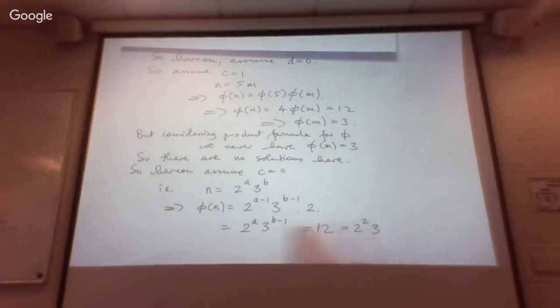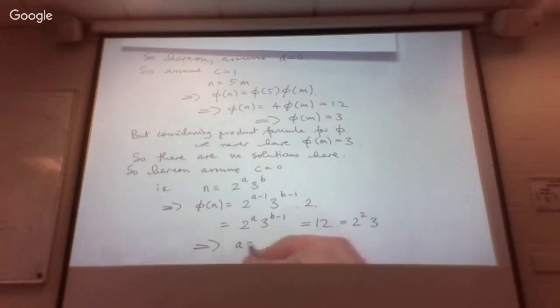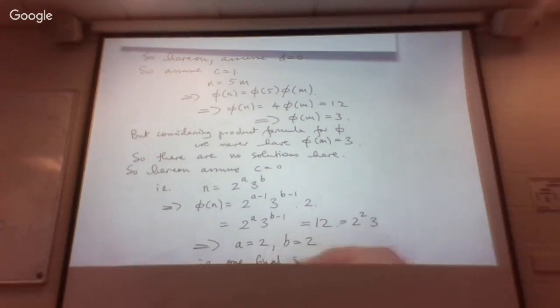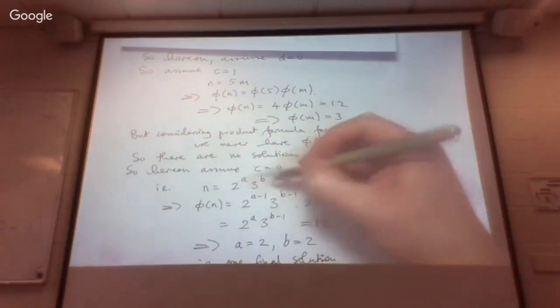The only way this can happen is if a is 2 and b minus 1 must be 1, so b must be equal to 2. I.e., one final solution, which is n equal to 2 squared times 3 squared, 4 by 9, 36.